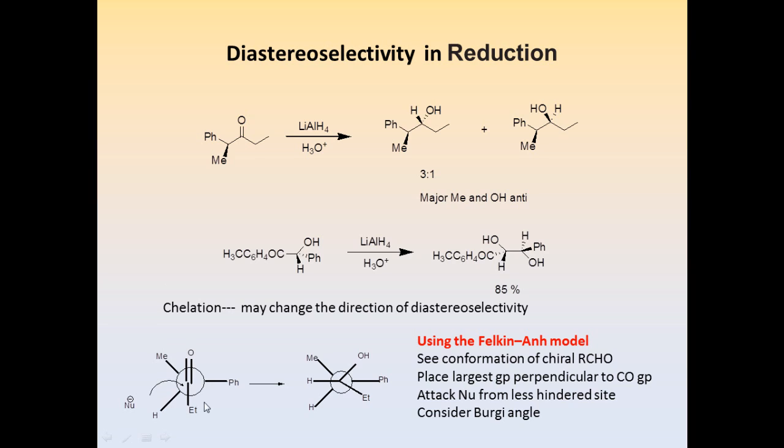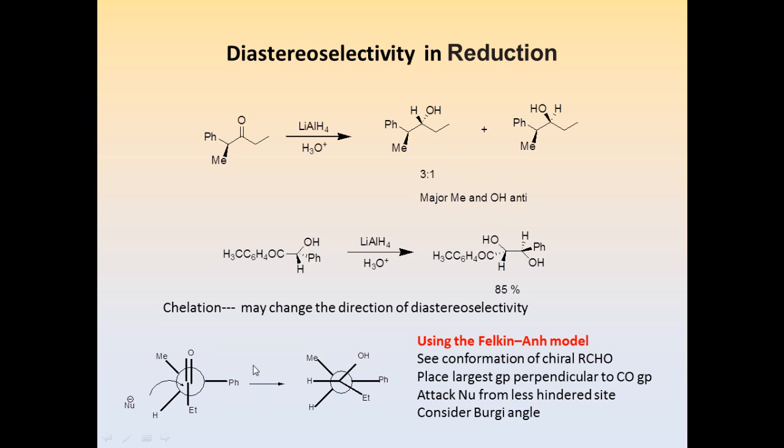You can write the projection formula for this aldehyde here, and the nucleophile can attack here, and it gives the Newman projection formula here. Now you can redraw the Newman projection in zigzag formula above this, and you get this configuration. You can practice converting Newman projection to zigzag and zigzag to Newman projection, which I discussed in different tutorials. So it converts into this, where methyl and OH anti is the major product.